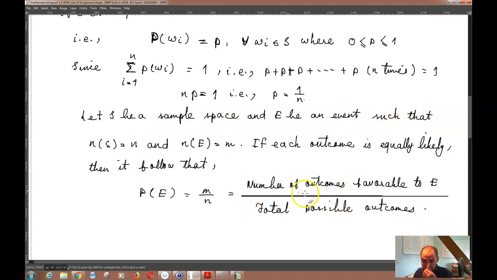That gives you the number of outcomes favorable to E divided by the total possible outcomes. Of course, it's always a matter of using some formula or concept in an example in order to understand it, which we will come to shortly.